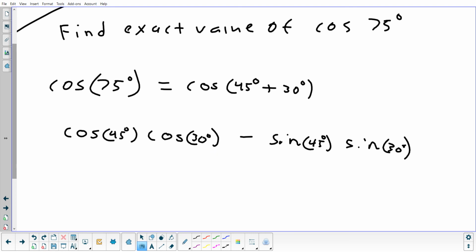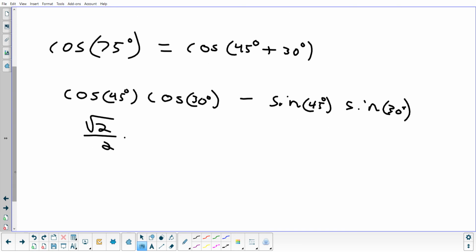Yep. Square root of 2 over 2. How about the cosine of 30? Square root of 3 over 2. Sine of 45? Square root of 2 over 2. And the sine of 30?